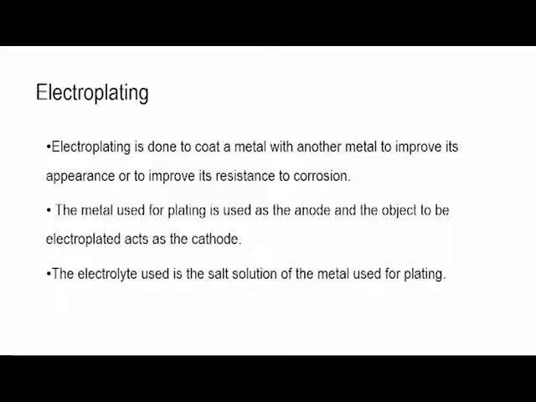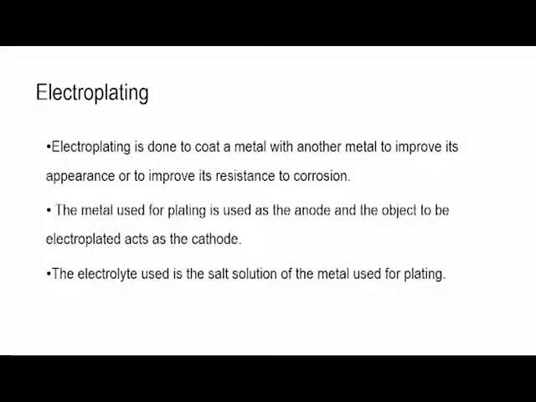Electroplating is one way of coating a material with another metal, for the aim of improving its appearance or preventing corrosion. What you need to take note of is that electroplating occurs the same way as electrolysis.